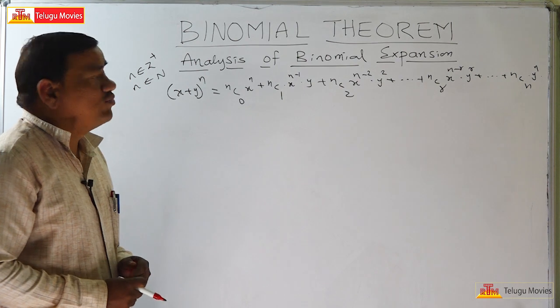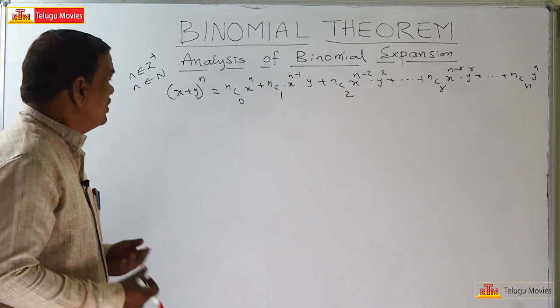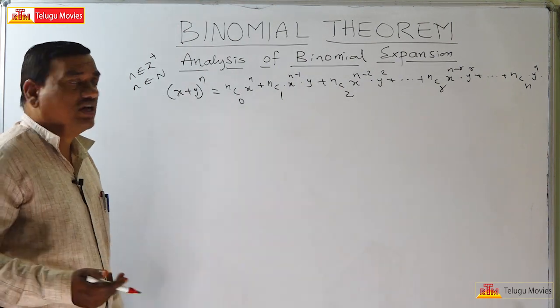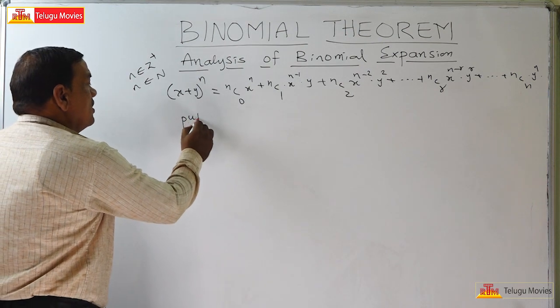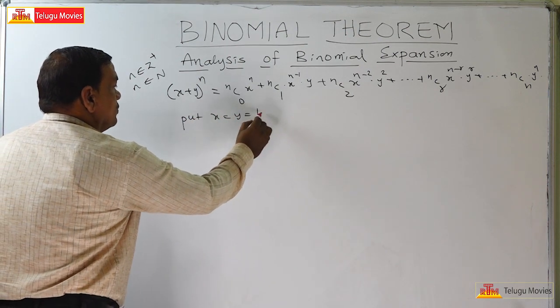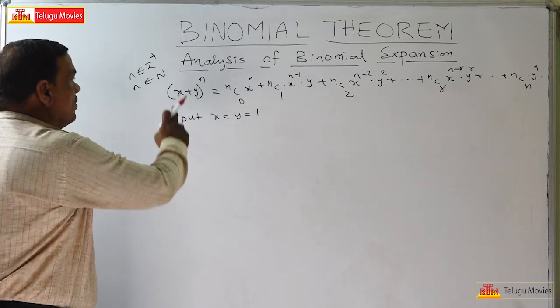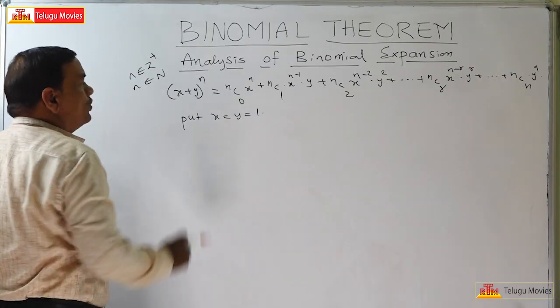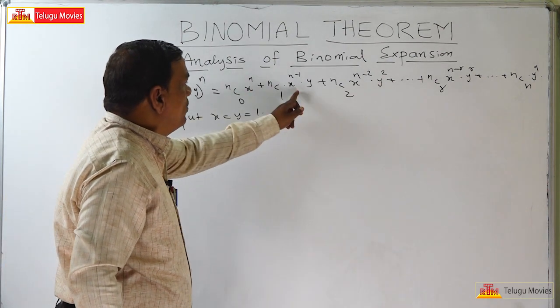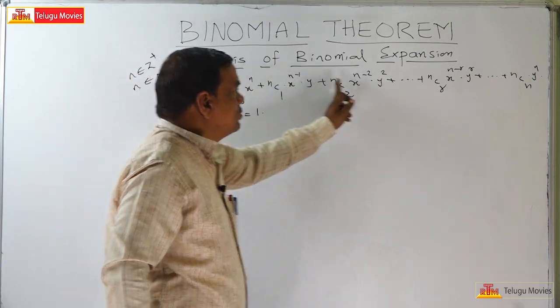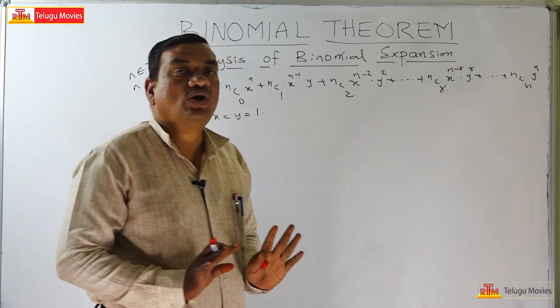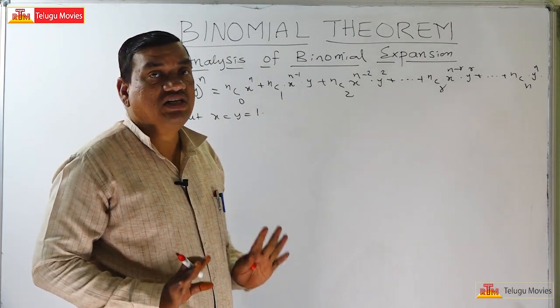So now what I am going to do is, x and y are variables. We can put any values. Let us put x is equal to y is equal to 1. What happens here? 1 plus 1 is equal to 2 power n. On the right side, 1 power n minus r into 1, so all x and y terms will go. Only the binomial coefficients remain.